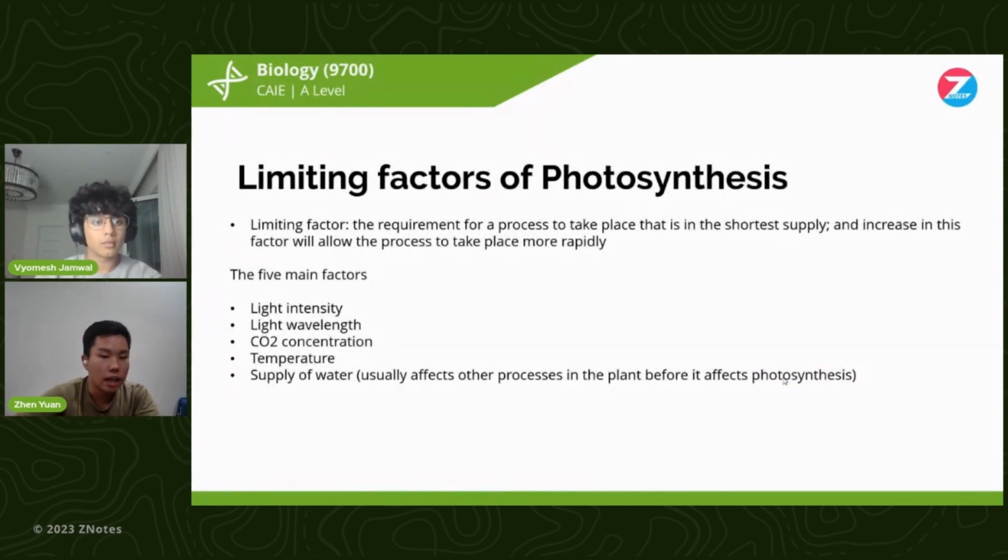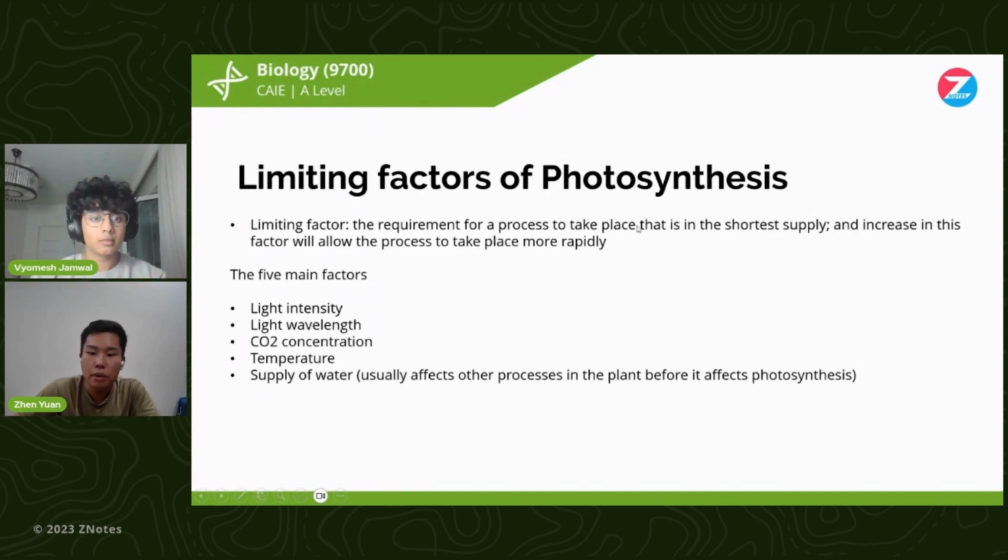So, limiting factors of photosynthesis. What types of limiting factors have you learned on photosynthesis? We've already learned about light intensity, light wavelength, CO2 concentration, temperature, and supply of water. Yeah, exactly. Spot on. Your five main factors. So as you said, what is a limiting factor?